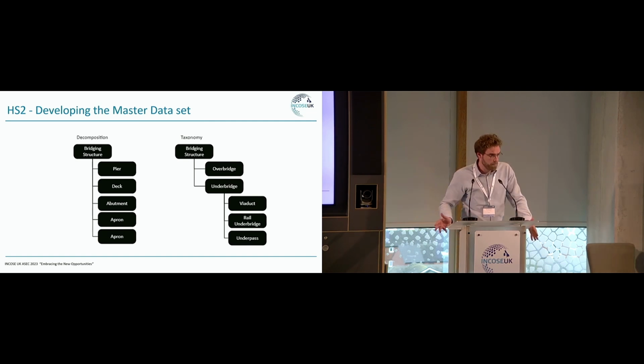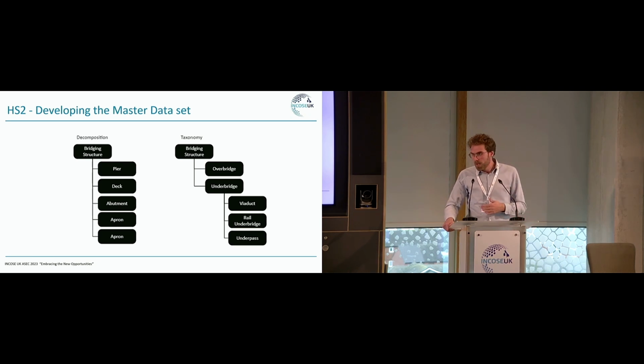That master data set started with its first step, as everyone should do, of course, a proper design. So with function analyzers, our design leads and our systems engineers, we made a systems architecture of all our design, captured in a decomposition, a part-of relationship, that describes, okay, if you design a bridging structure, or if you design a highway, this is what it should consist of.